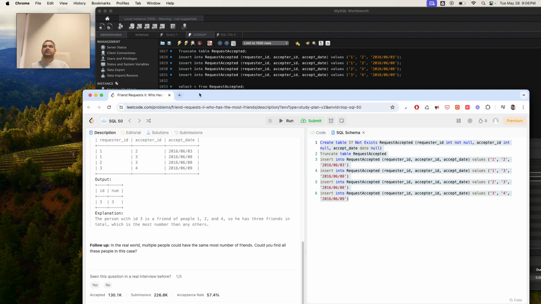CTE is the best option here. My assumption was correct: in the WITH itself you can have all the IDs, whether duplicate or not doesn't matter.